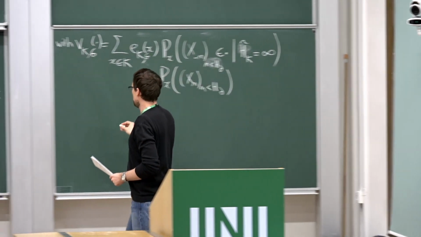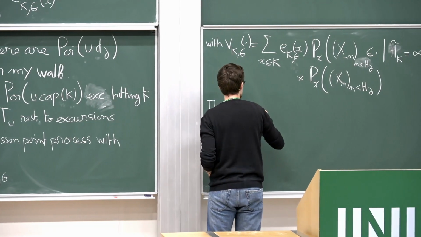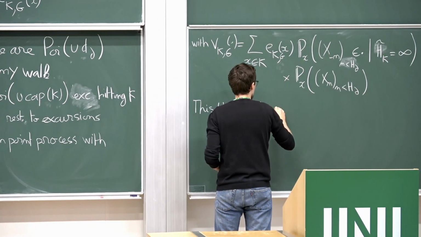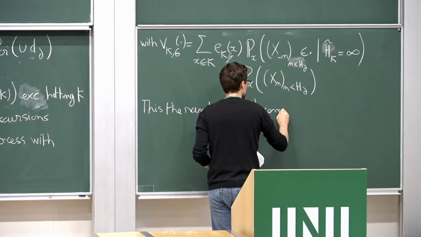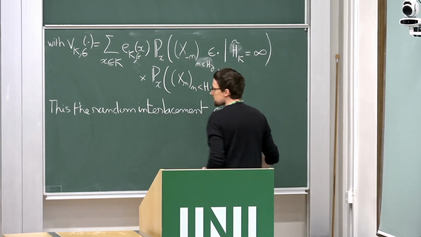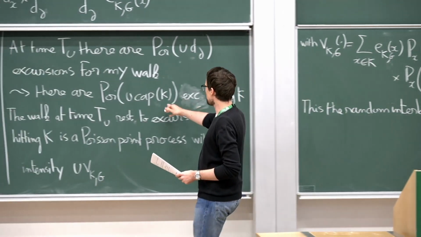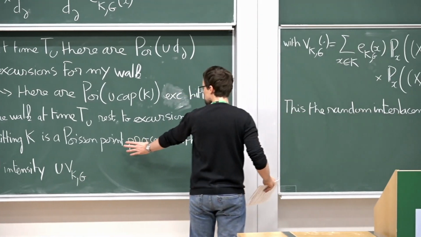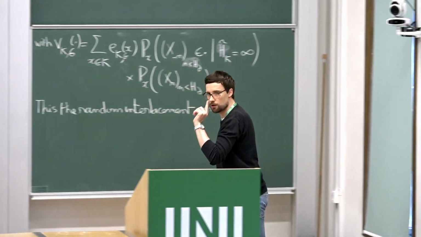And so this is the random interlacement process on G. And so the random interlacement process on G, what is it? It is a process that for each k, when I restrict it to k, I have a Poisson point process with this intensity, which is defined.